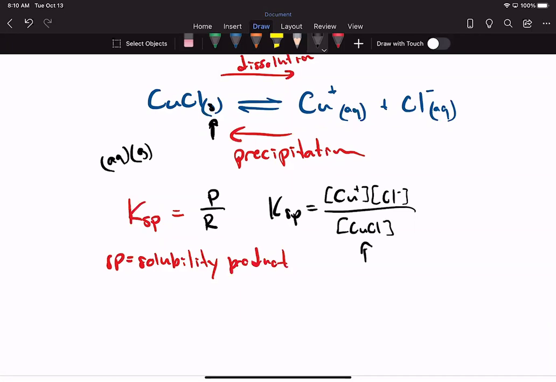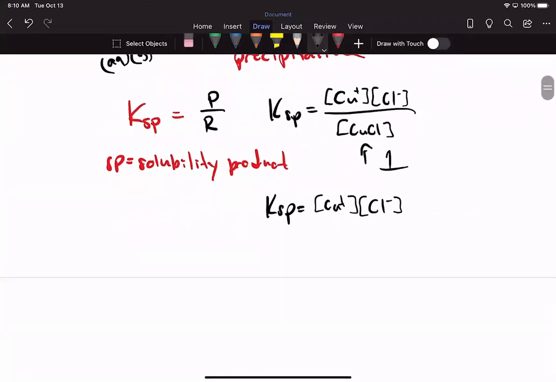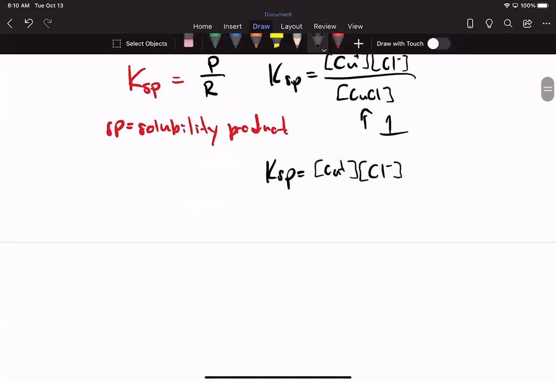Well, essentially we're just going to use the value of 1 here, since we're really not going to consider that particular concentration. So we can simply rewrite this as the Ksp is equal to the concentration of copper multiplied by the concentration of chloride. And that would end up being our formula.